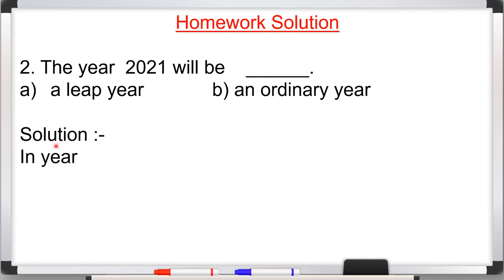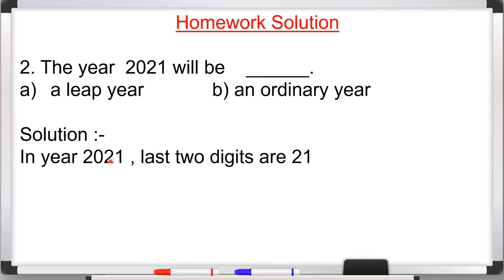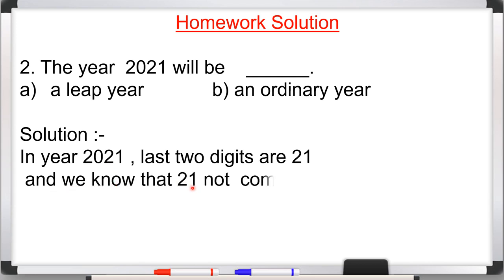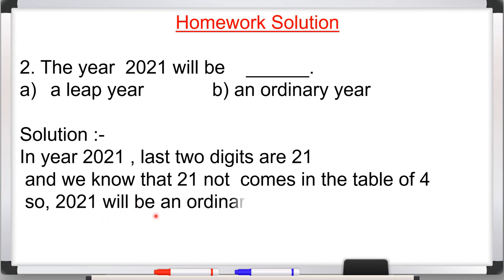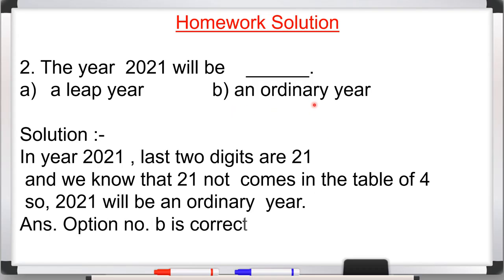So here in year 2021, last two digits are 21, okay, and we know that 21 does not come in the table of 4, है ना? 20 के बाद 24 आता है table 4 की table में, so 21 is not divisible by 4, okay, so 2021 will be an ordinary year, okay, so our answer is option number B is correct, an ordinary year.